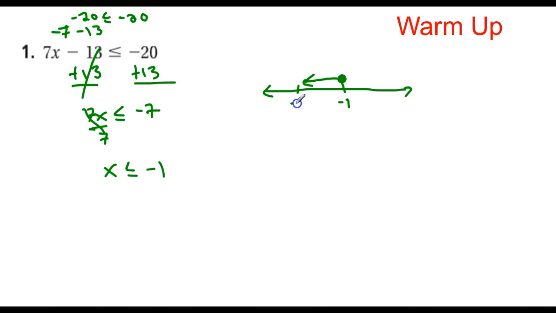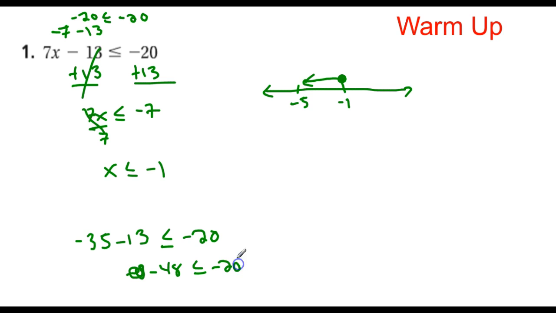For instance, if we were to pick negative 5, which is less than negative 1, and put it in, you're going to get negative 35 minus 13, and that should be less than or equal to negative 20, which gives you negative 48, and that is less than or equal to negative 20, so that works.